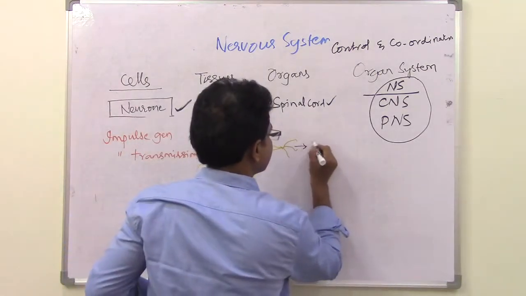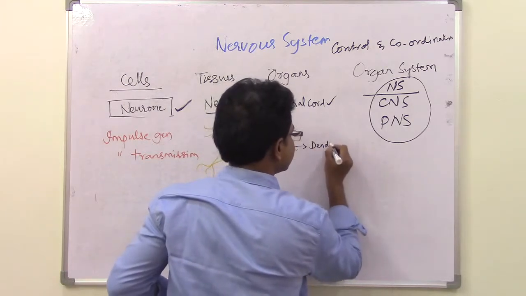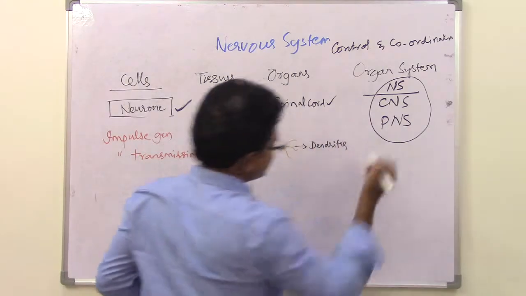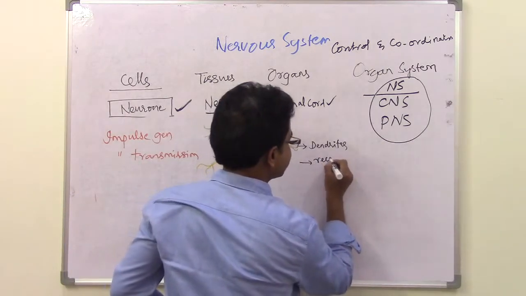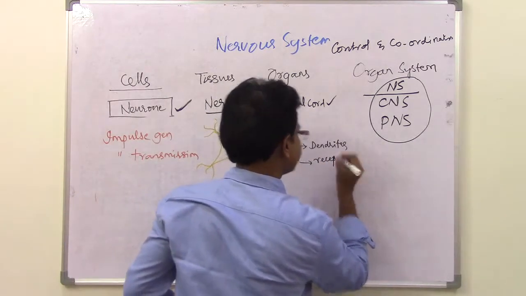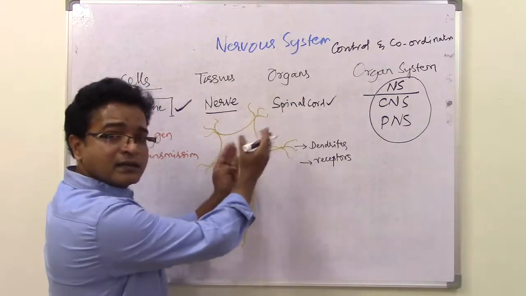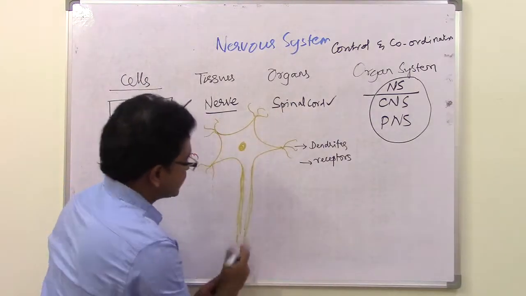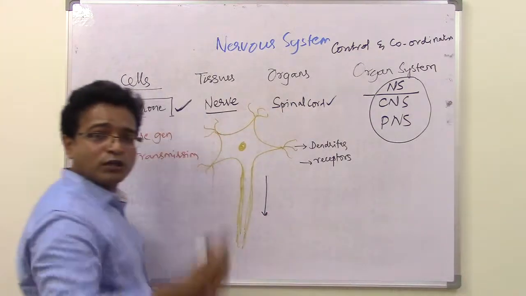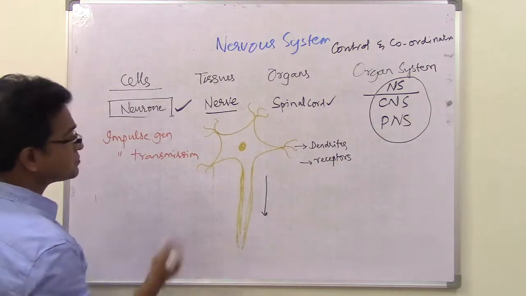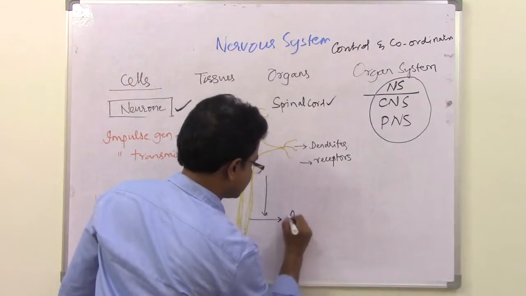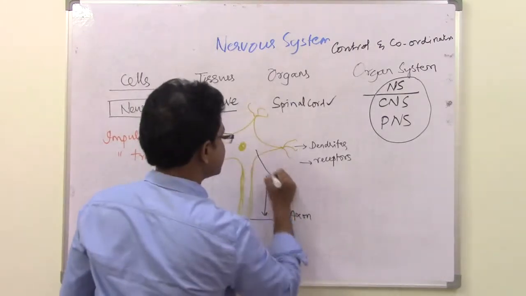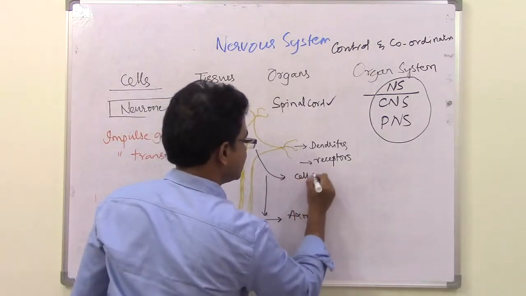So these are dendrites, and most importantly they work as receptors. They receive information and from there the cell body processes it and transmits through the axon. It's always one direction.